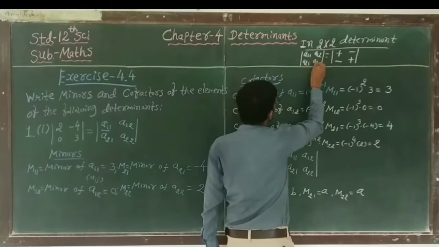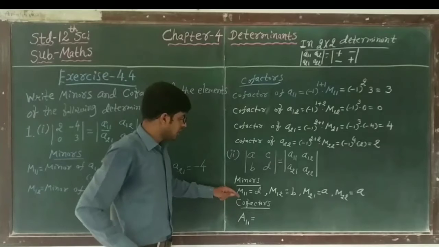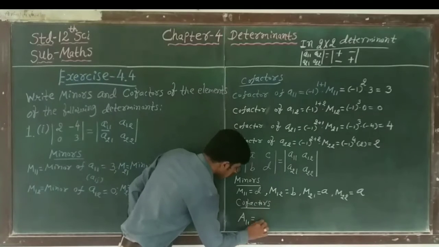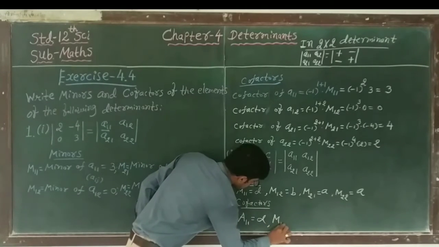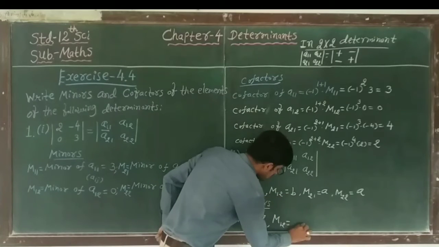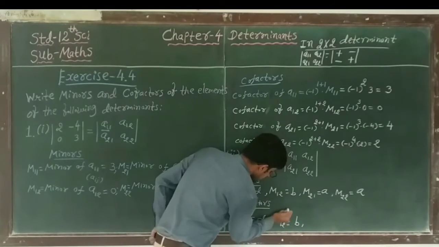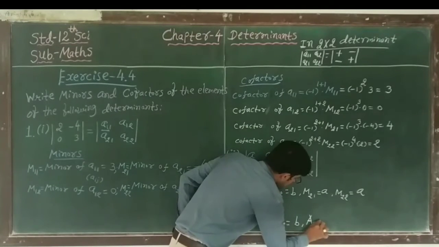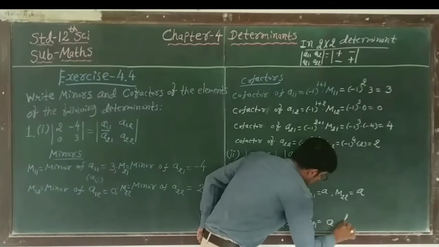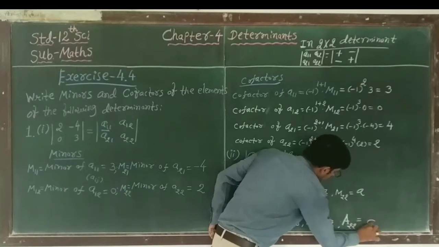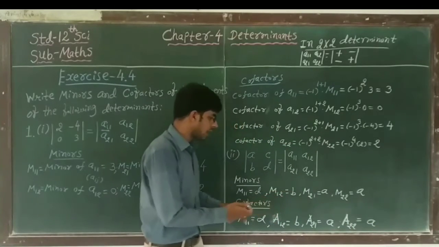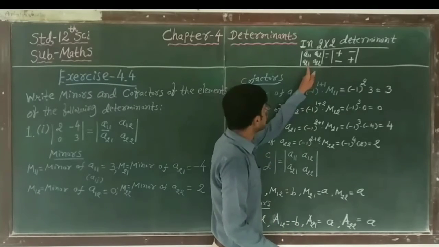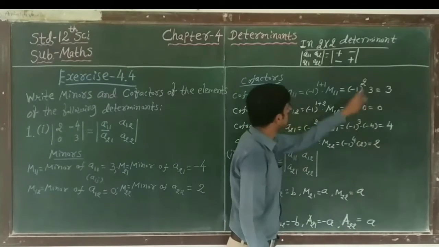So for A11, A12, A21, A22, we have to find the cofactor of A11, so we take positive. So here D. For M12 we write down first the minor, B, and so on; write down the minors A. Now add only the sign. 1 2 means minus. 2 1 again minus. 2 2 is plus.